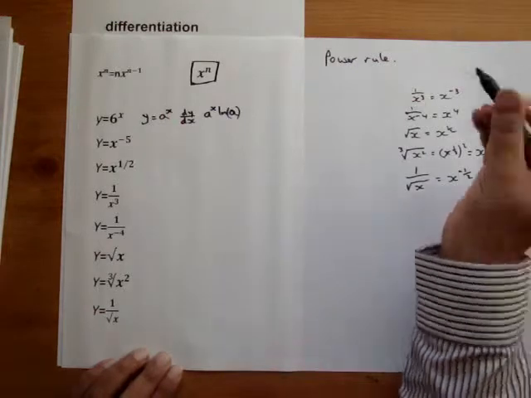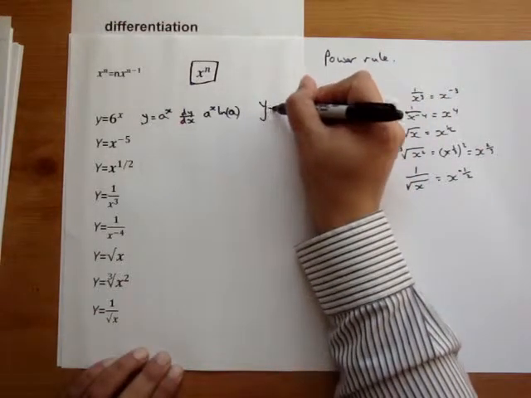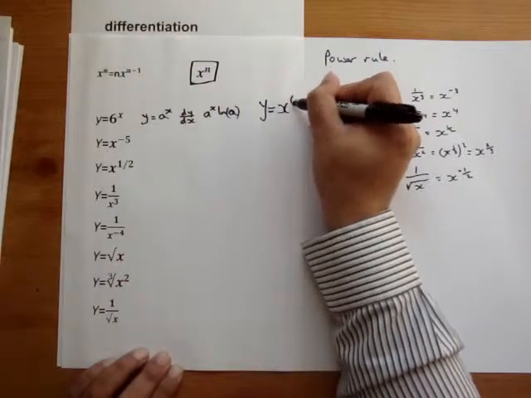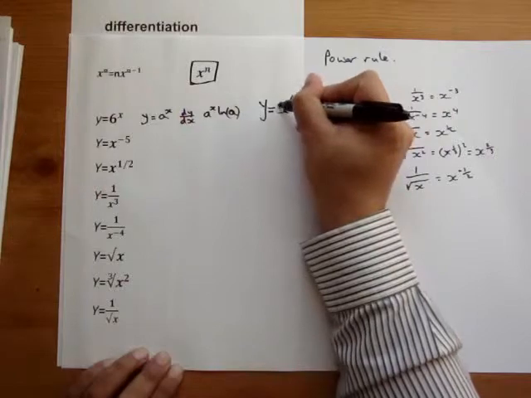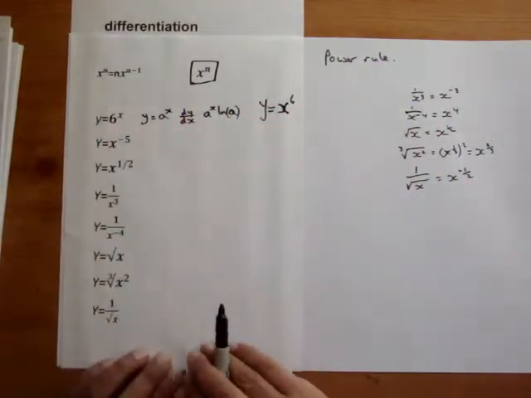Okay, what I really wanted to do was y equals x to the 6. We want to differentiate that, applying this rule.